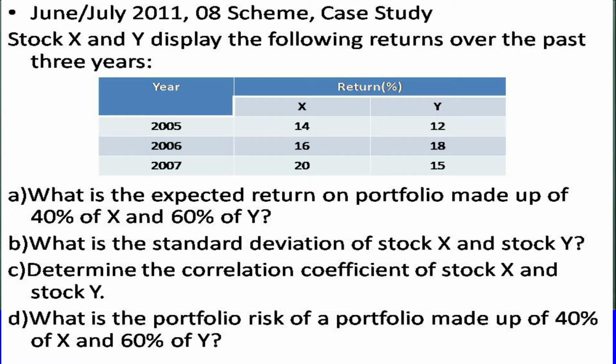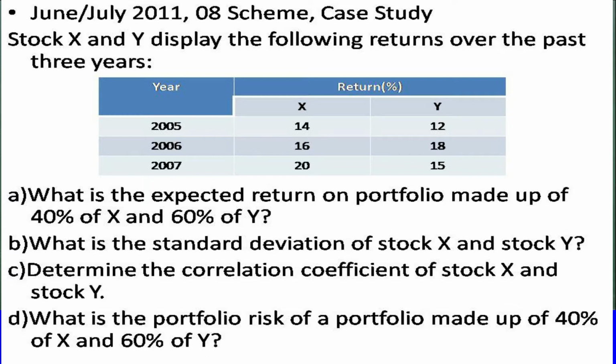So they have given the year and the return. I've told you previously that whenever we have an individual securities problem, they will not give any probability. Here they've given year and return, so it means it is an individual series problem.